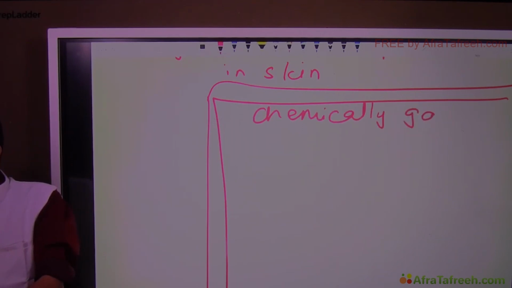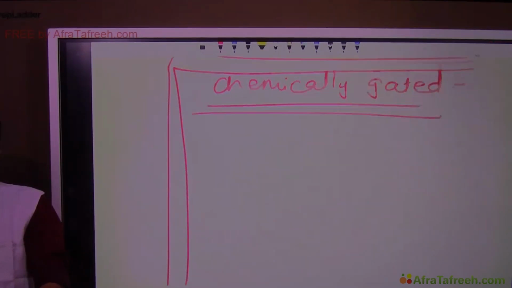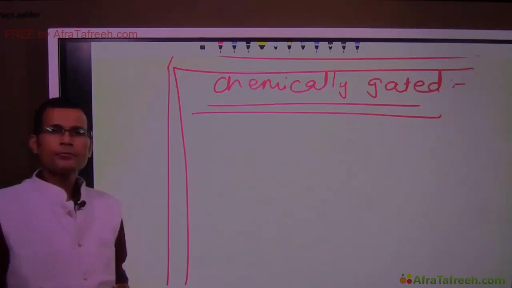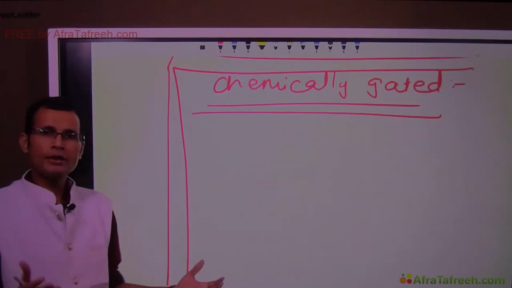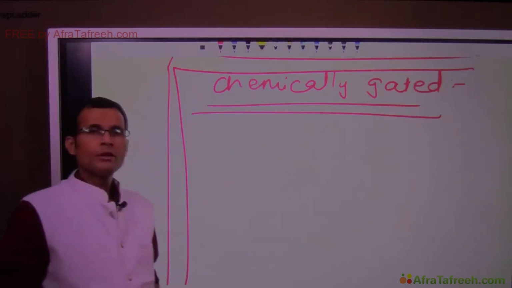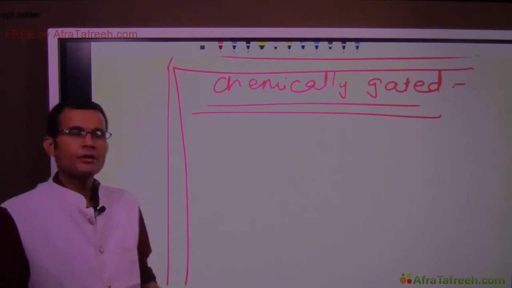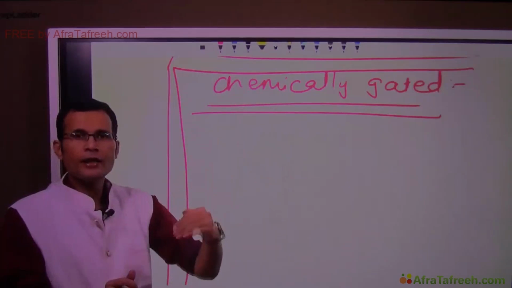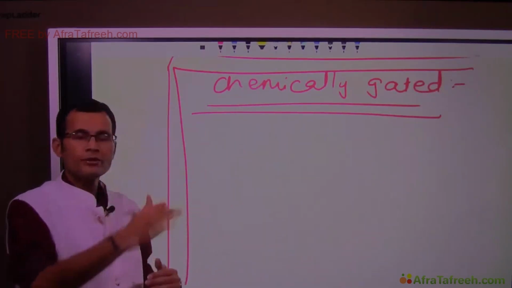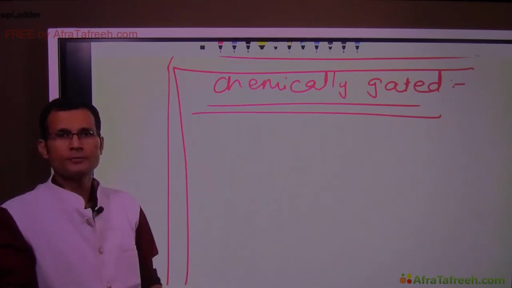Chemically gated channels. You would be surprised and you will ask, why am I putting it separately? Ligand gated channels are chemically gated channels. So why am I putting these separately? The reason is, when I say ligand gated channels, the ligand arrives at a cell from its extracellular side, from a distance.